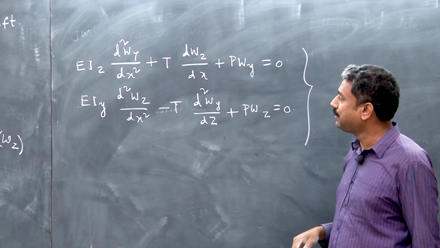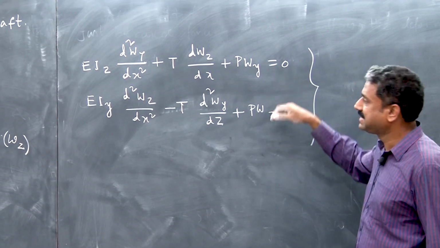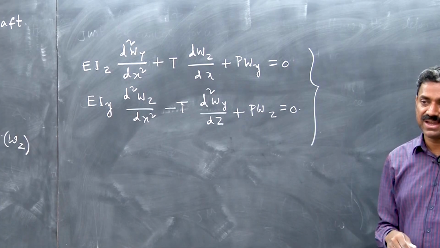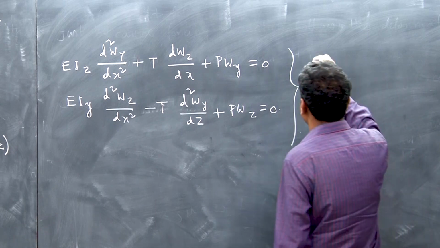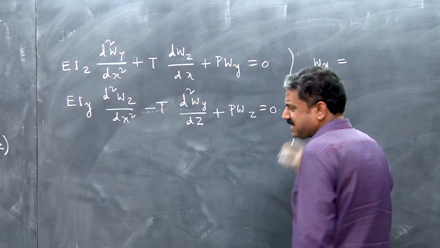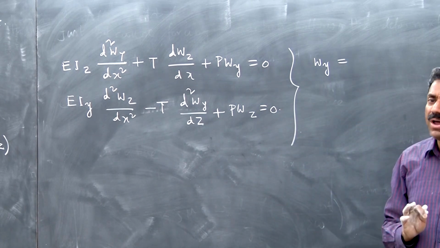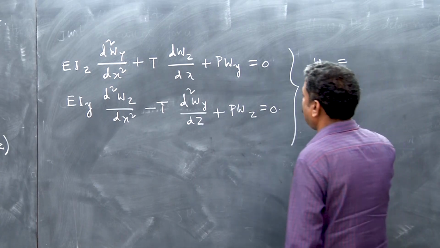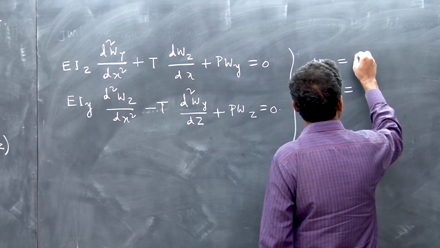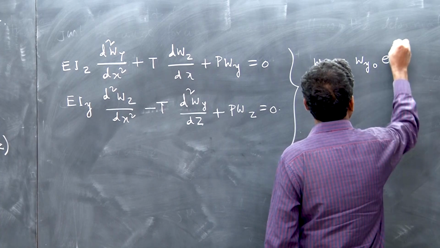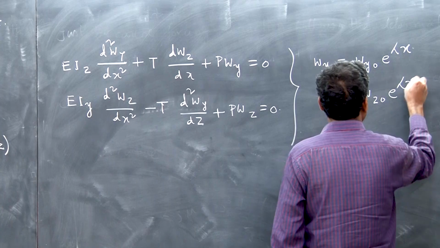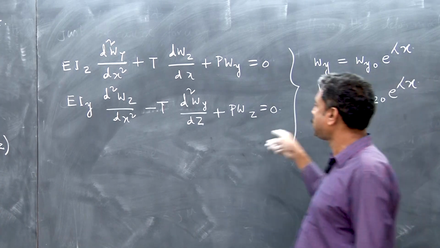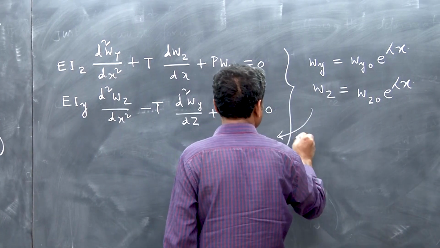When I write down the equation, you can see this is a linear simultaneous equation, two simultaneous differential equations. The important part is that for Wy and Wz there is no time involved here. It is all static analysis. We can assume the solution to be Wy0 e to the power lambda x, and W0 e to the power lambda x, and substitute it here.